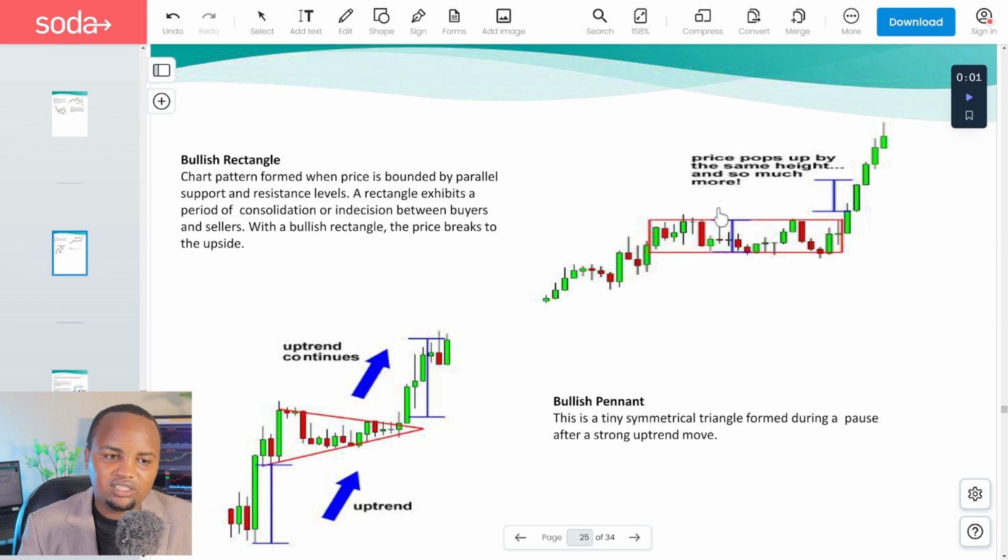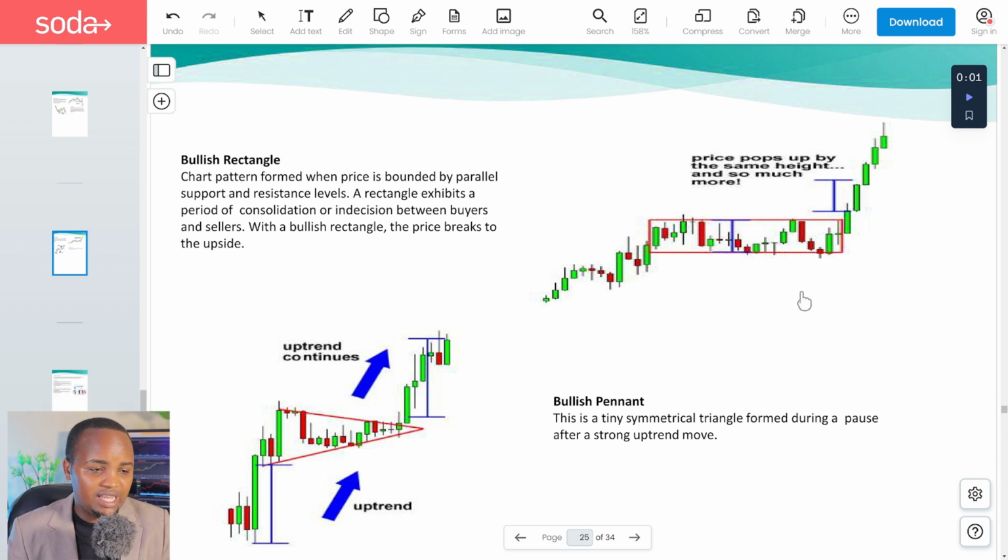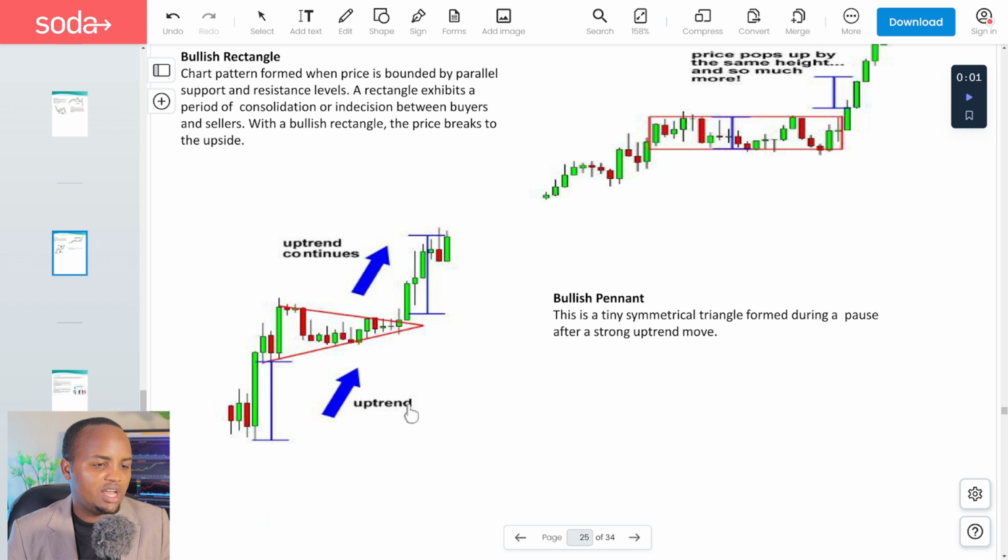The market is just within this triangle, and anytime you're going to be seeing a breakout. Normally if this is happening after a very long buy, the market is going to be going down. And if it has happened after the market has been on a long sell, the market is going to be buying.